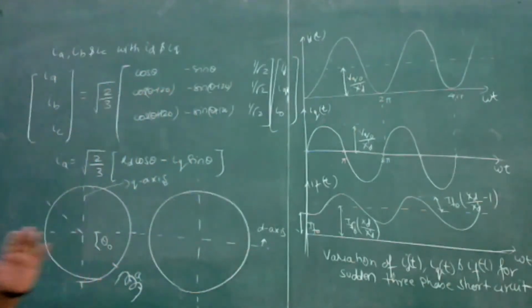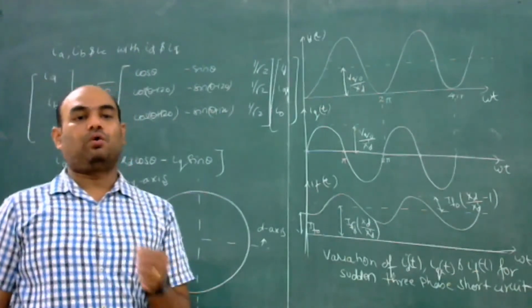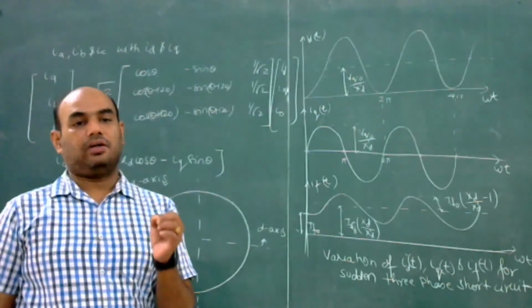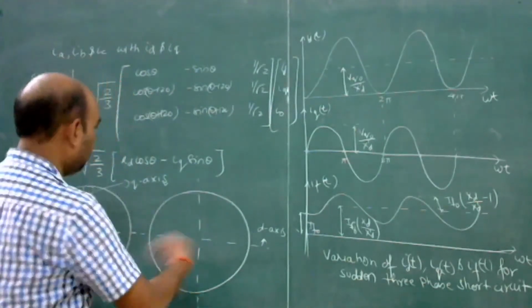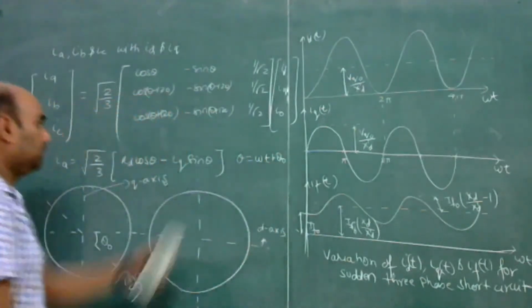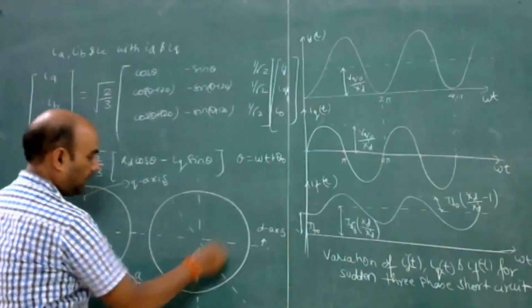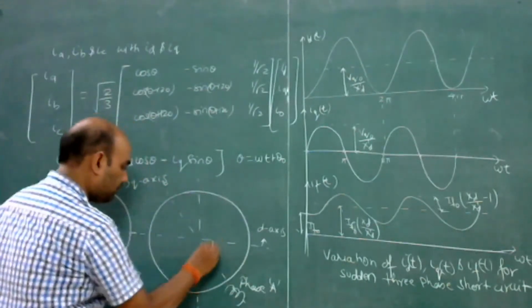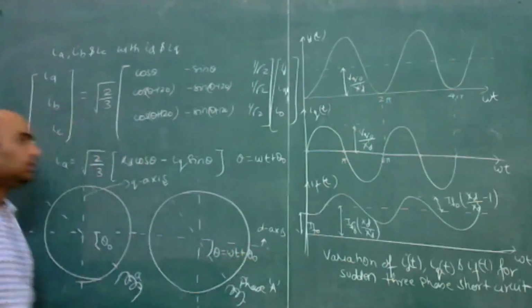Since the rotor is running at the synchronous speed omega, the angle theta between the d axis and phase A at time t seconds will increase by omega t. So theta is equal to omega t plus theta naught.